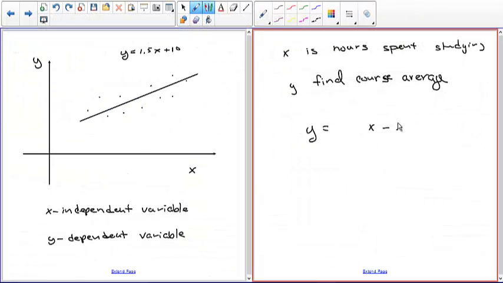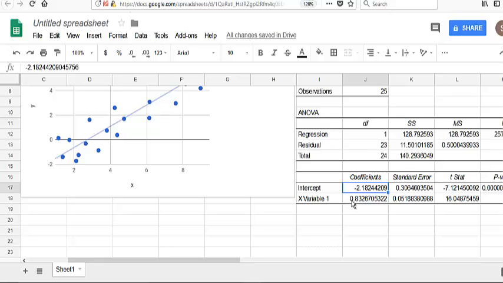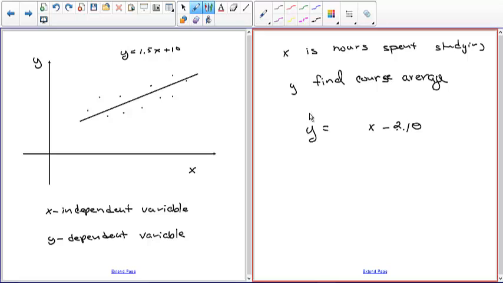That's the y-intercept. And the slope is 0.833. So that's the equation for the regression line, the trend line.